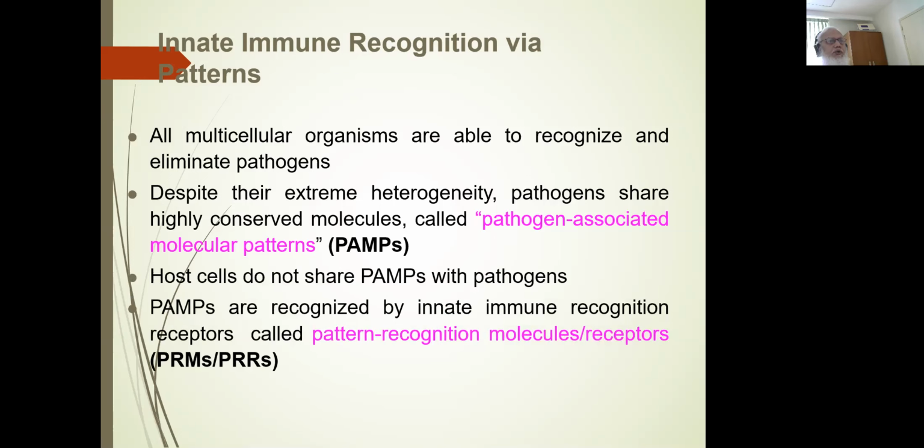And host cells do not share pathogen-associated molecular patterns. Host cells do not have peptidoglycan, lipopolysaccharide, or flagella, all these things. And these molecular patterns, because they are present in the pathogen, are recognized by pattern recognition receptors. So the main keyword here is molecular pattern.